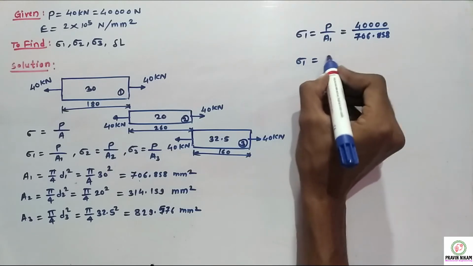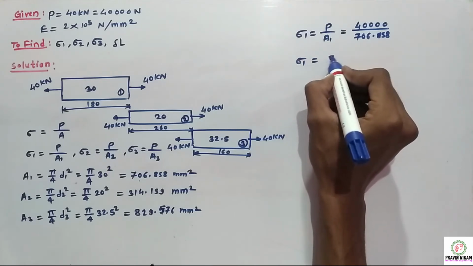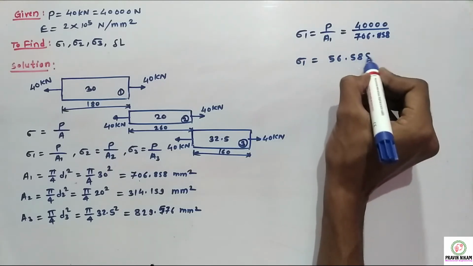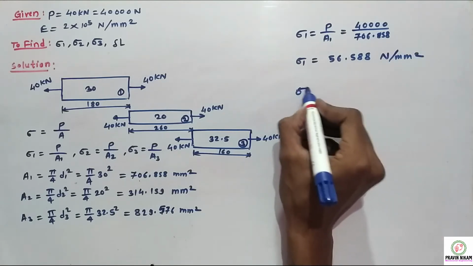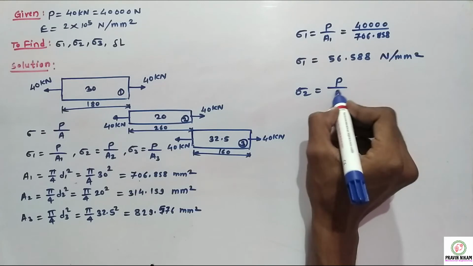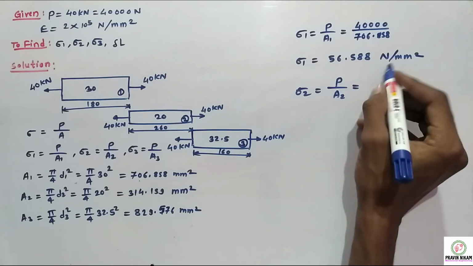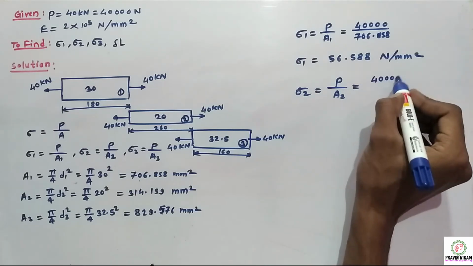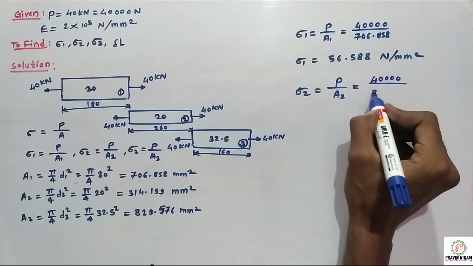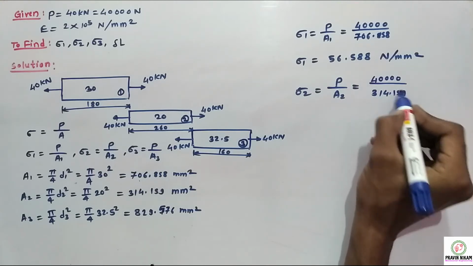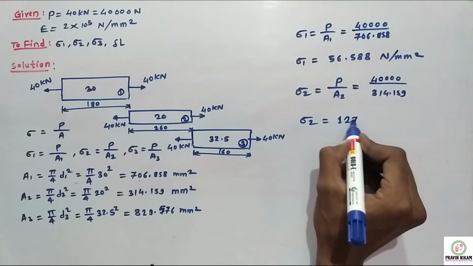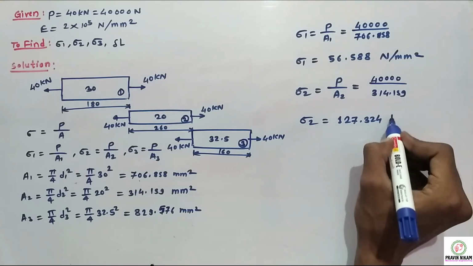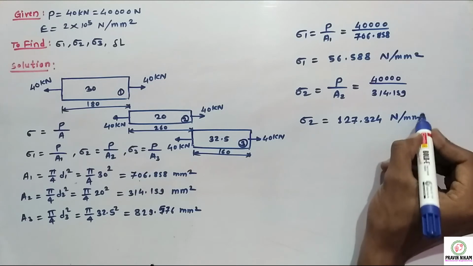Sigma 1 becomes 56.588 Newton per mm square. Then what is sigma 2? Sigma 2 is P divided by A2. So 40,000 divided by 314.159. So sigma 2 is equal to 127.324 Newton per mm square.